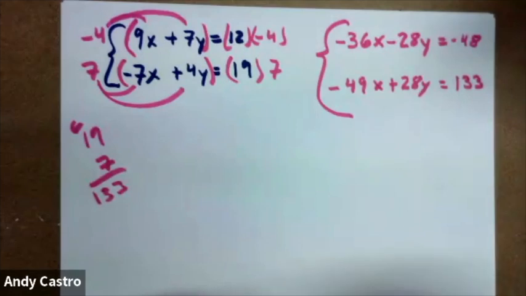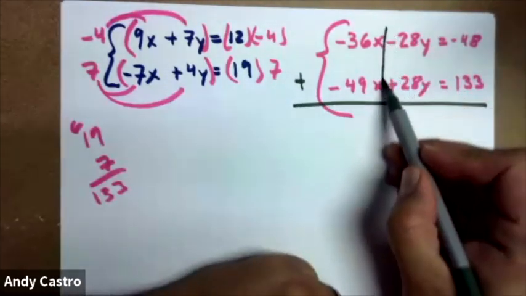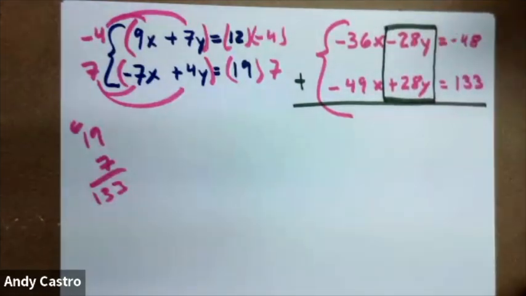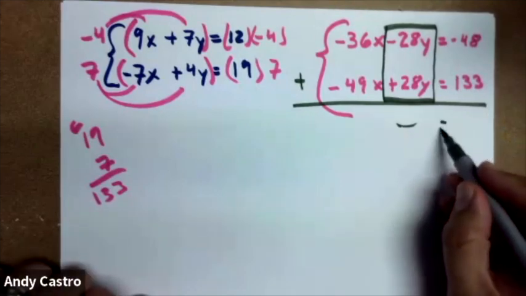Okay. So now, when I add these two together, notice that right here, I am able to eliminate my y. Negative 28 plus 28 would give me just a 0.